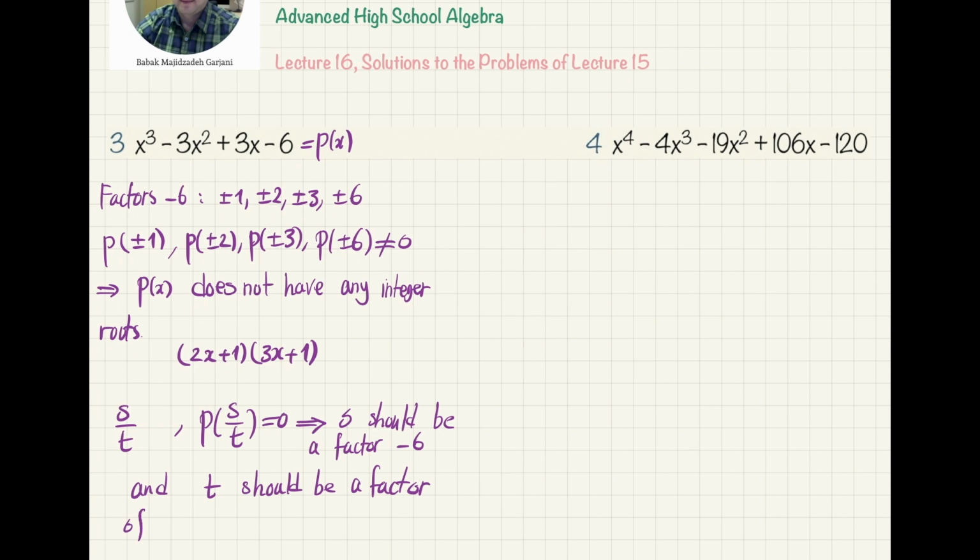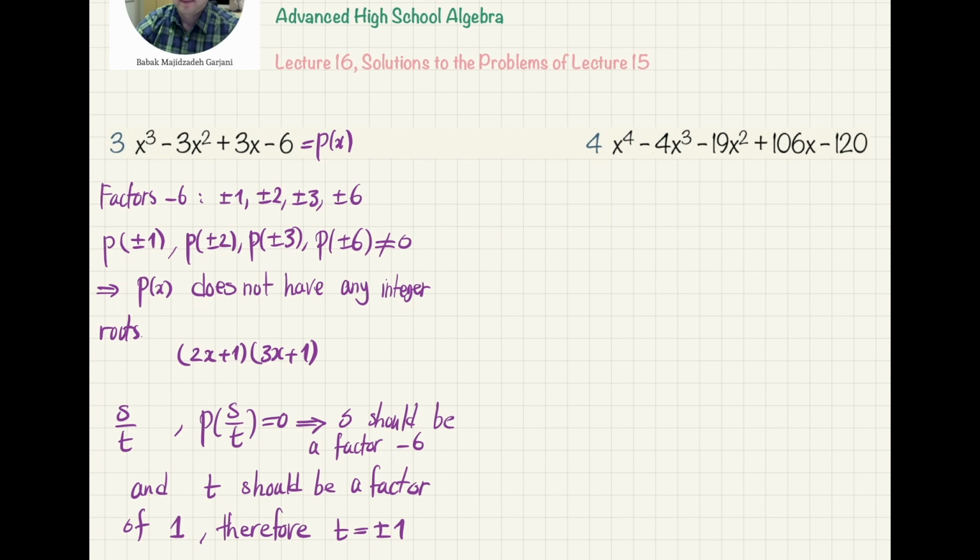Therefore T is plus or minus 1. The factors of 6 are exactly these numbers. So S over T are the numbers in this list divided by plus or minus 1. If I do that, I will not get any new number out of this. All the numbers would be exactly the same, and they are not roots of my equation.